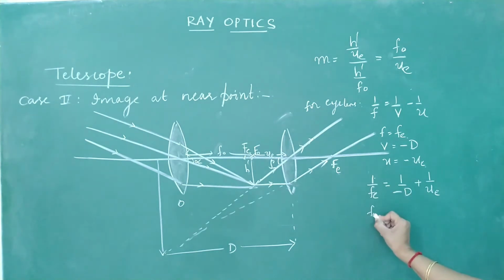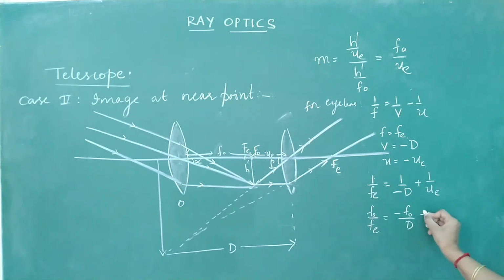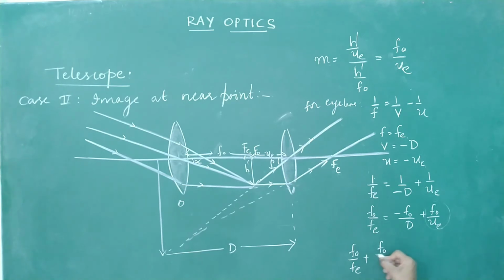F0 by FE is minus F0 by D plus F0 divided by UE. We know this term itself is magnification. Bring this to the left hand side. F0 by FE plus F0 by capital D is equal to magnification.